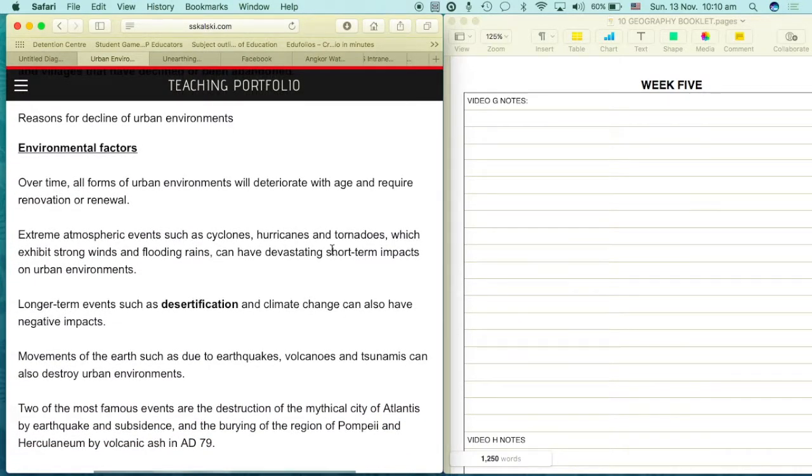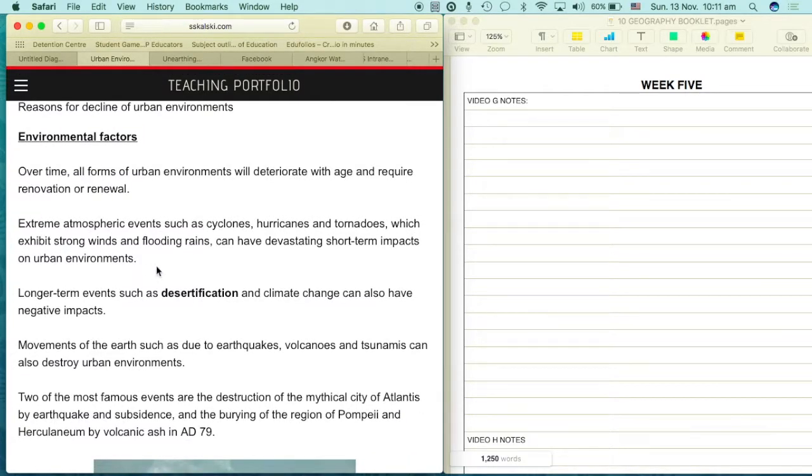Environmental factors. Over time, all forms of urban environments will deteriorate with age and will require renovation or renewal. Extreme atmospheric events such as cyclones, hurricanes and tornadoes, which exhibit strong winds and flooding rains, can have devastating short-term impacts on urban environments.